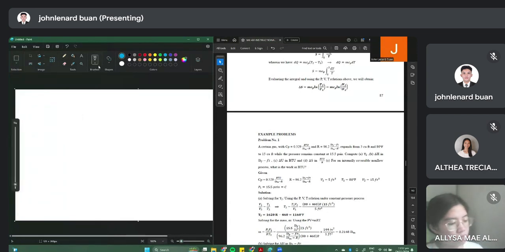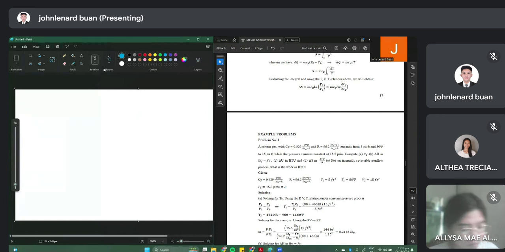Stated there, a certain gas with Cp equal to 0.529 BTU per pound mass Rankine, and a gas constant equal to 96.2 pound force feet over pound mass Rankine, expands from 5 cubic feet at 80 degrees Fahrenheit to 15 cubic feet while the pressure remains constant at 15.5 psia.